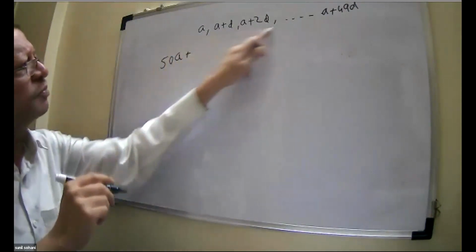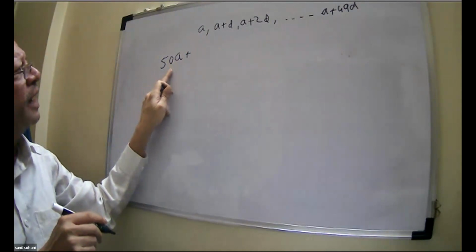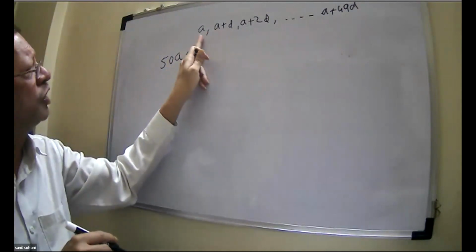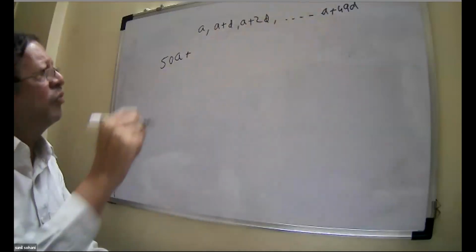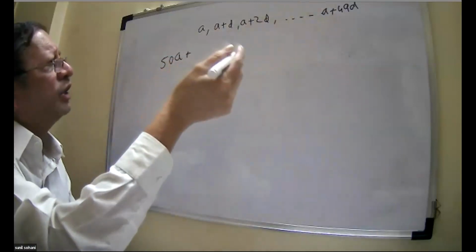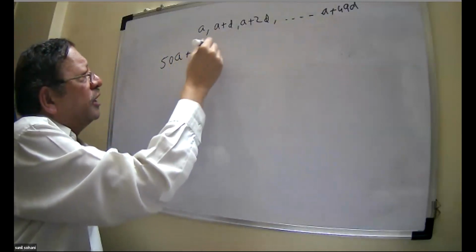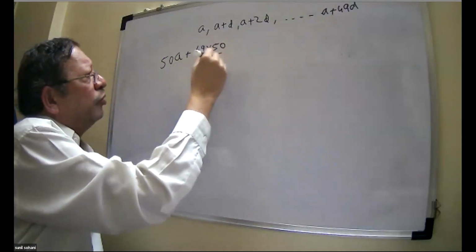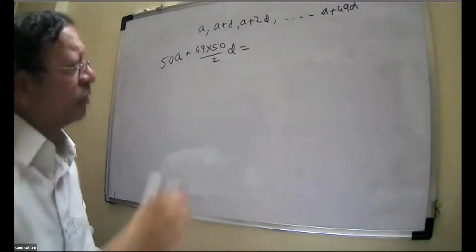And the sum of all this expression will have 50 A's involved, and D will be one less because the first term does not have D. So it will be 49D, so we have to count 1 to 49. The sum 1 to 49 is 49 into the next number 50 upon 2 D's. And the answer given in the question is 1275.